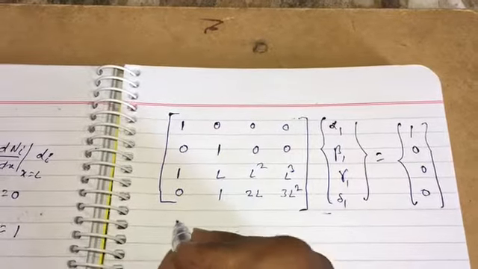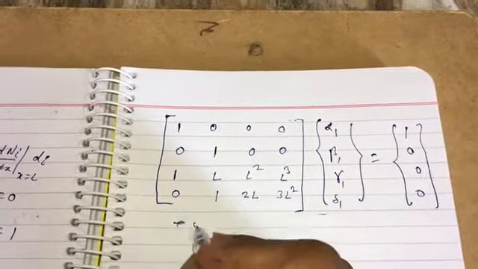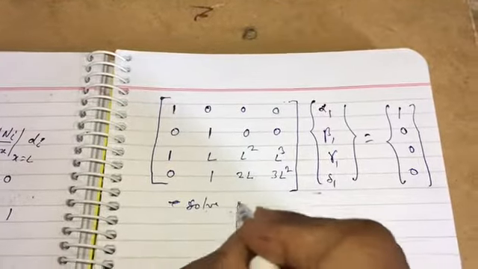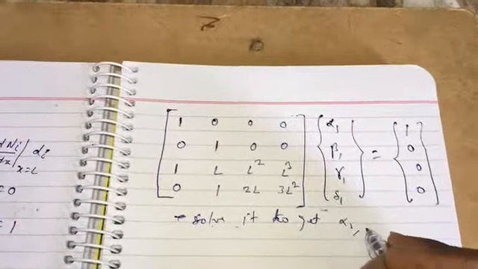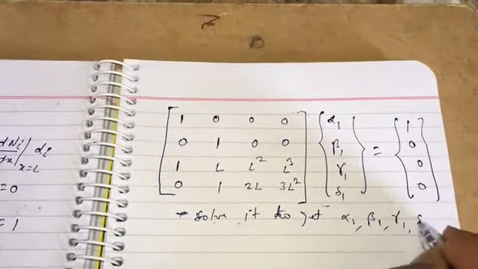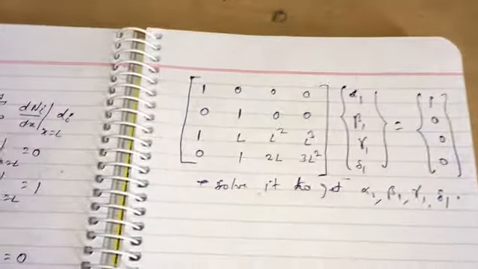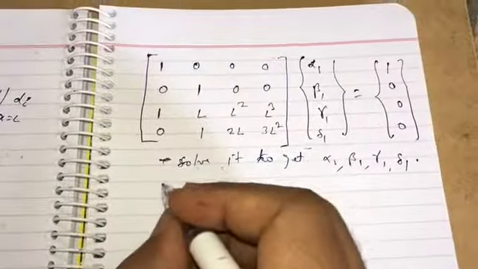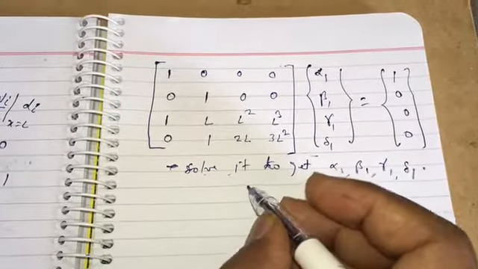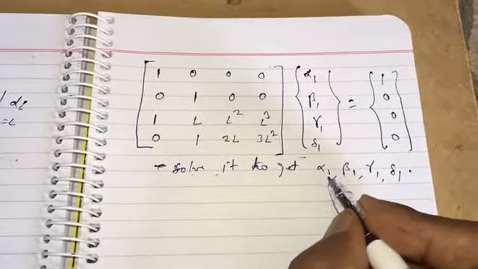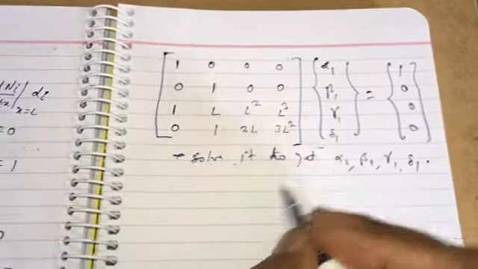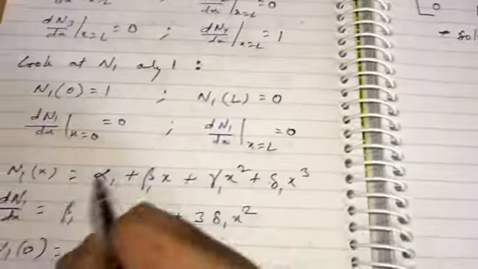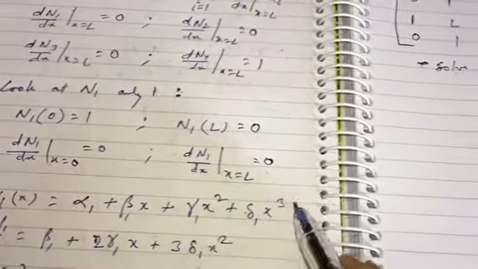you can find out, solve it to get alpha 1, beta 1, gamma 1, delta 1. So similarly you can find out for others. So if you know alpha 1, beta 1, gamma 1, delta 1, you can find out the N1. So N1 will look like this one.